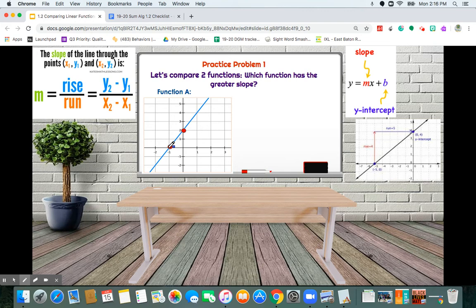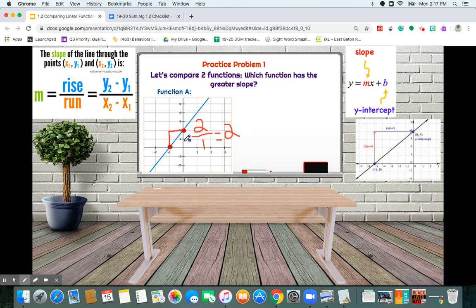So I can count from this point up to this point. How far did I go up? I went up 1, 2. How far did I go over? I went over 1. So my slope here is rise 2, run 1, 2 over 1. I can reduce this fraction to just be equal to 2.